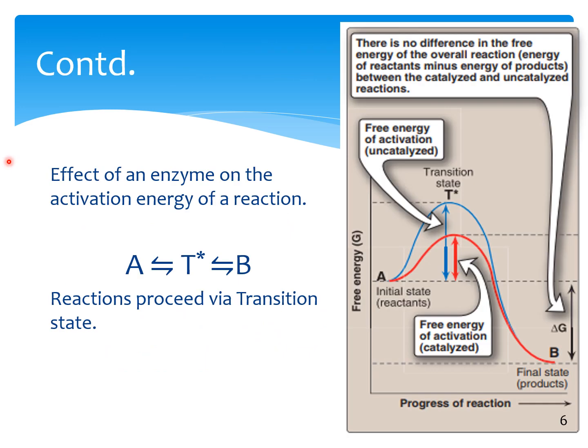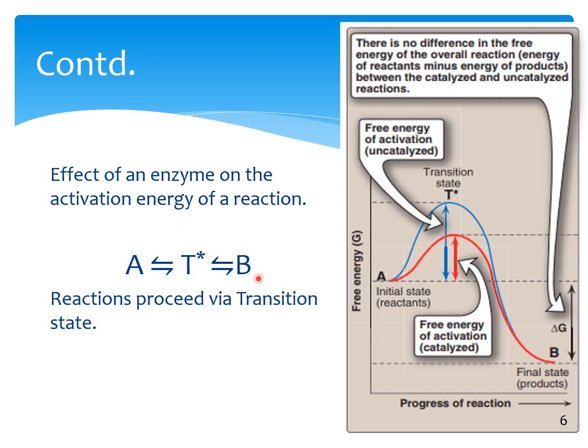It is the pictorial view of how enzymes affect the free energy of activation of a chemical reaction catalyzed by them. A is the substrate, B is the product, and halfway between the two is the transition state, a high energy intermediate.